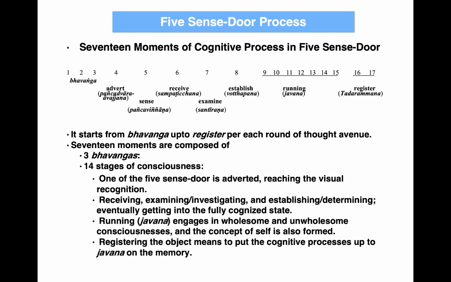Here, the time of the man's sleeping at the foot of a mango tree is like the time when the bhavanga is occurring. So, the 17 moments of the five sense door start with bhavanga. The first three moments are called bhavanga, and in this stage, the man is just sleeping at the foot of a mango tree.